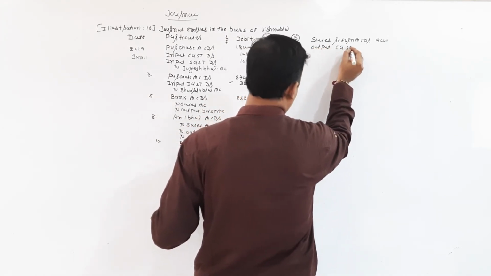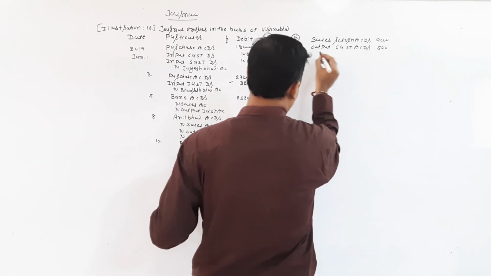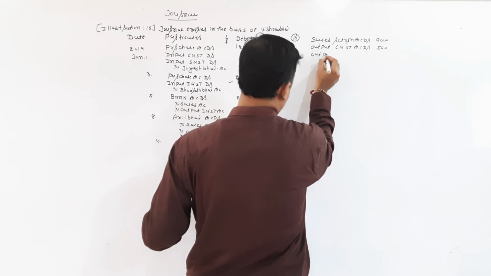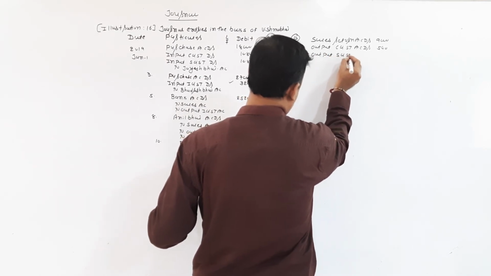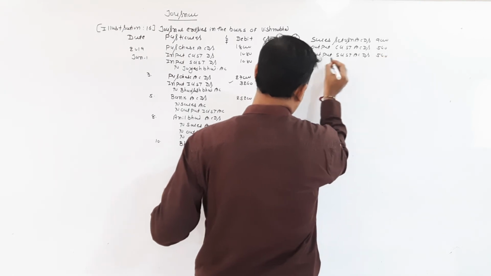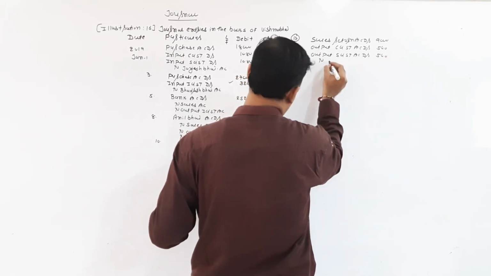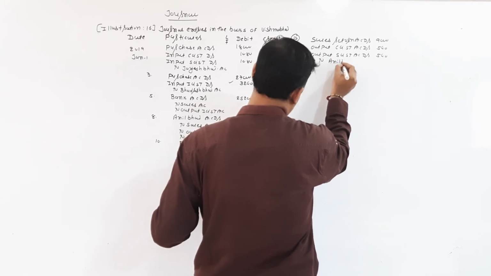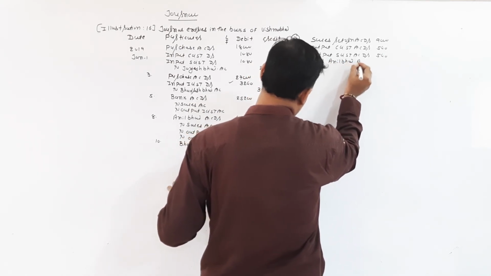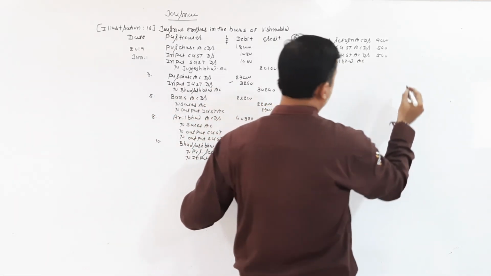Output CGST account debit 540. Output SGST account debit 540. To Anil Bhai account credit 10,080.